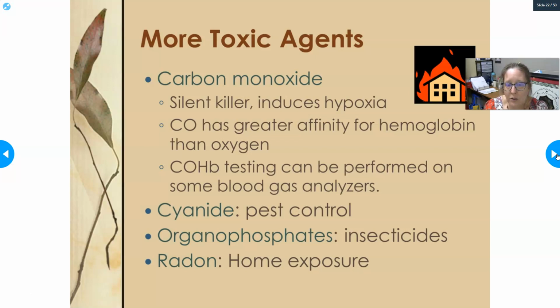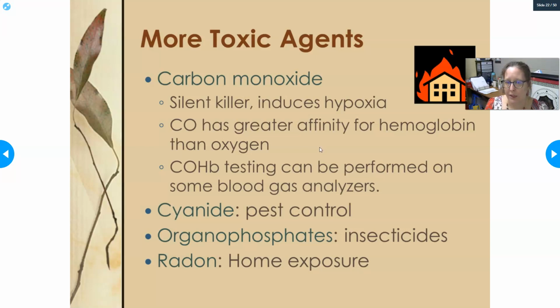It is a silent killer because you can't really smell it or detect it. It induces hypoxia, so it drives oxygen concentration way down, and it does that because carbon monoxide has a greater affinity for hemoglobin than oxygen. It basically binds on hemoglobin and won't let oxygen bind, and it never unbinds.